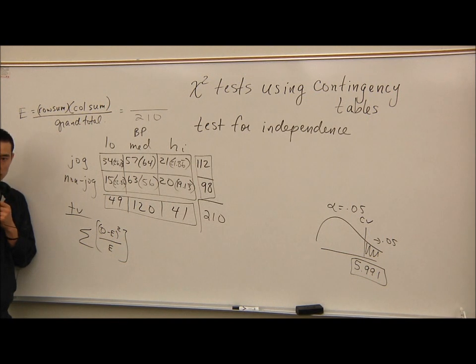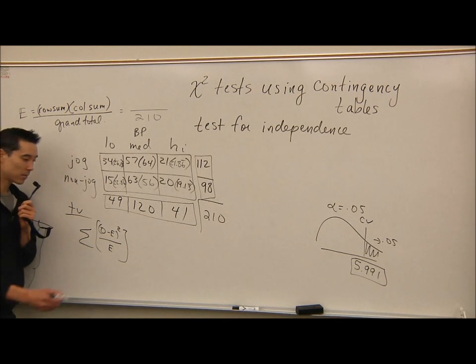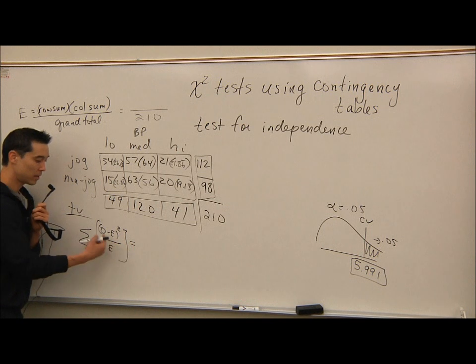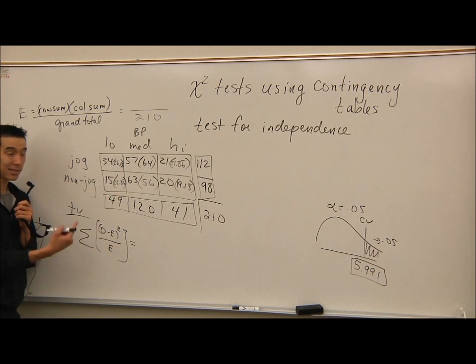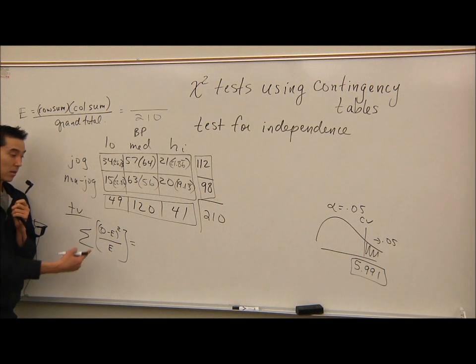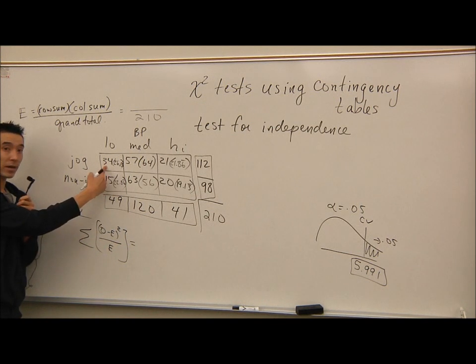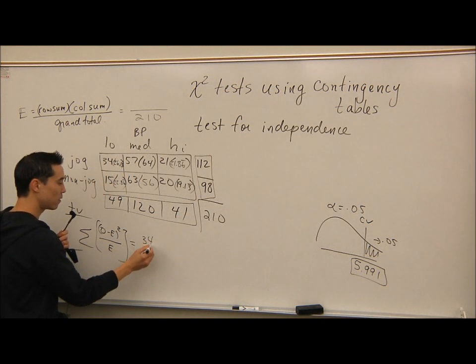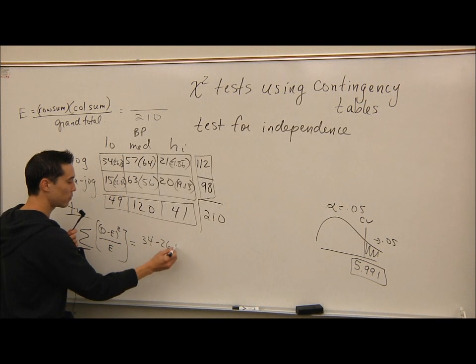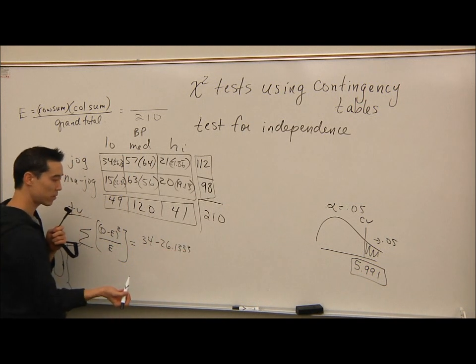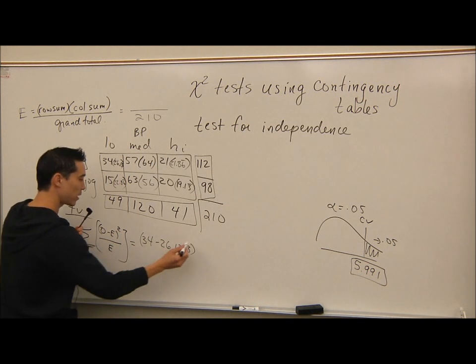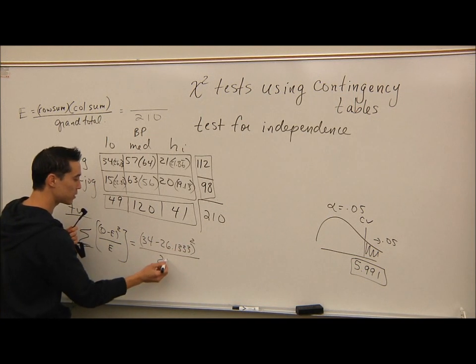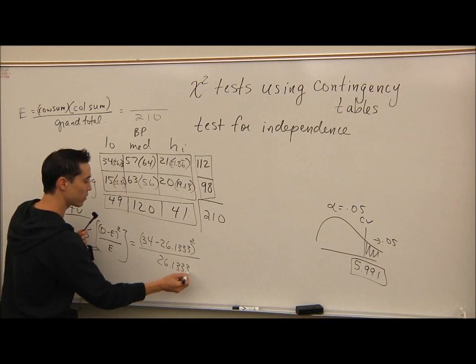Any questions on these so far? Okay, let's start moving into this now. So I'm going to sum up 6 things, okay? I go to the first cell, my observed value is the 34, my expected value is the 26.13 repeated. So I'm going to write 34, the observed, minus the expected, 26.1, let's go 4 decimal places, so 1333, quantity squared, divided by 26.1333.